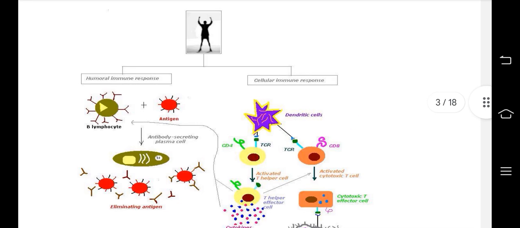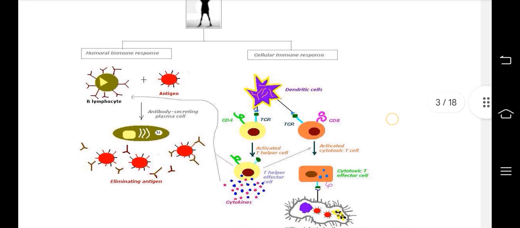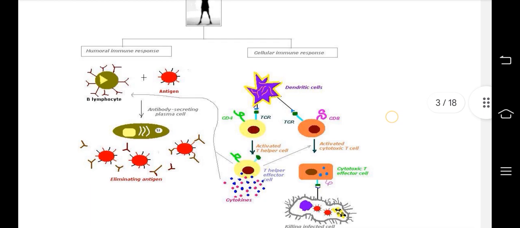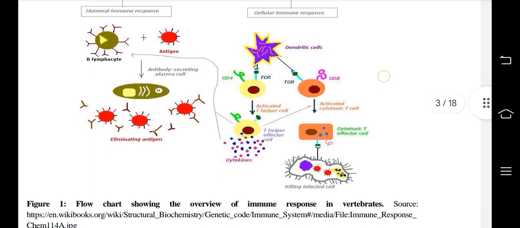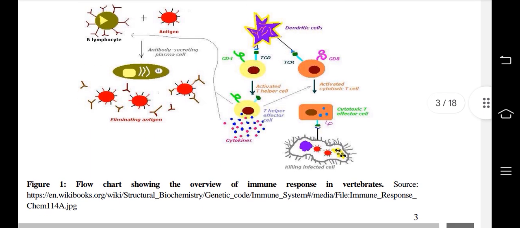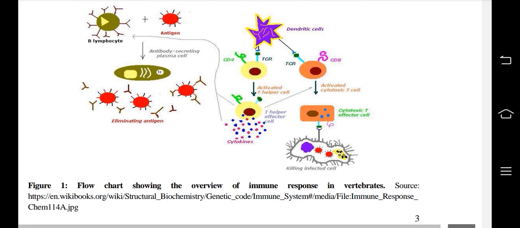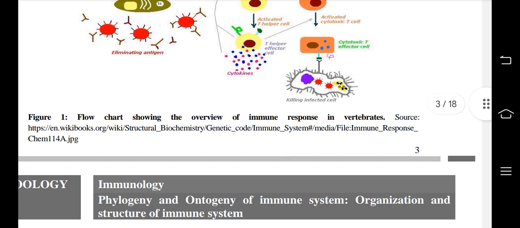Then cellular immune response: dendritic cells, TCR, CD4, TCR, CD8, activated T helper cell, activated cytotoxic T cell, cytotoxic T effector cell, T helper effector cell, cytokines killing the infected cell. Flowchart.